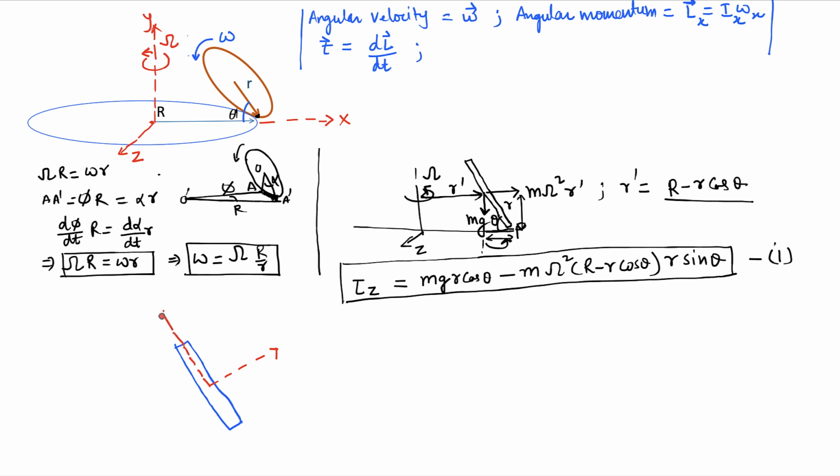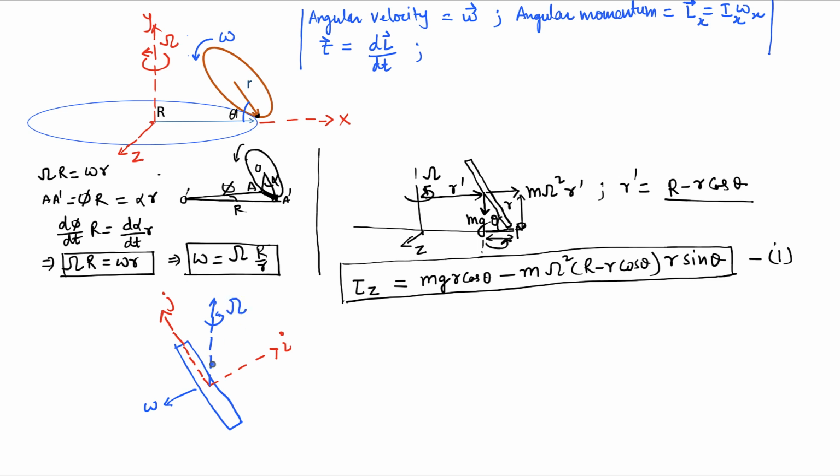So let's say this one is I and this one is J. Okay, now we know that this is going counterclockwise, so omega is acting in this direction, right? If you use the thumb rule, you will get omega in this direction. And then we also have the bigger omega in this direction, right?